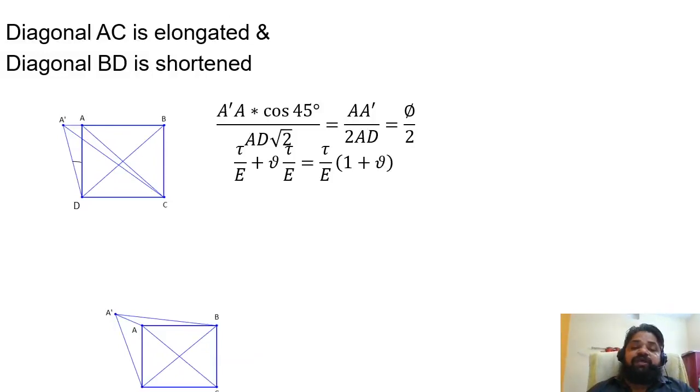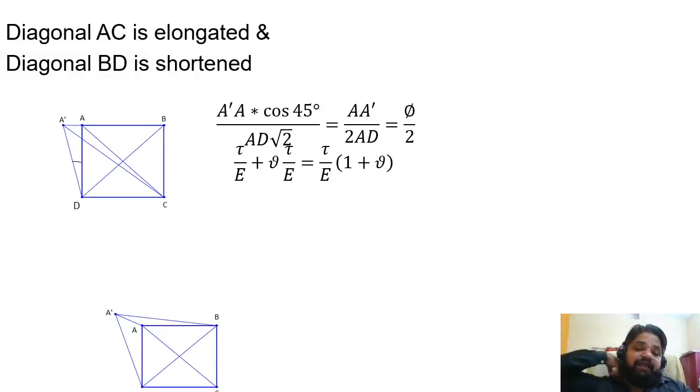This tau by E is basically giving the strain occurring, the tensile strain induced in the body, that means the AD is going to be changed. Not only one part has changed; both sides, AD and A prime D, have been rotated in an angular manner.